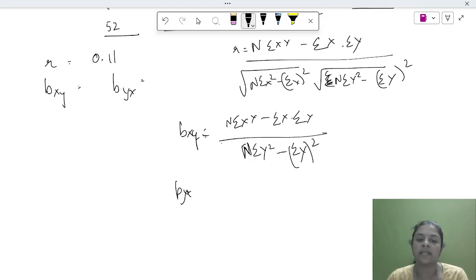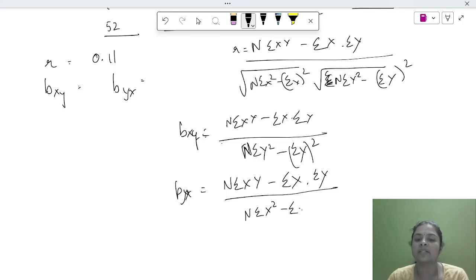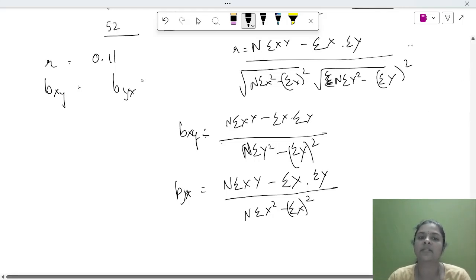And byx is n sigma xy minus sigma x into sigma y divided by n sigma x square minus sigma x the whole square. So our friend is saying it is 0.11. What is the value of bxy and byx? Please tell me.